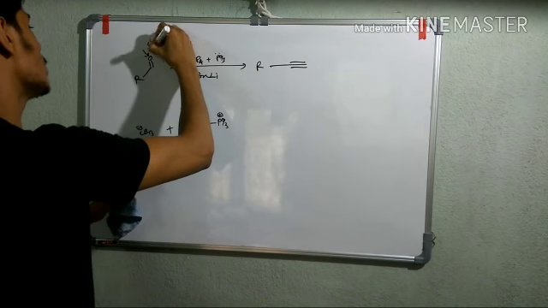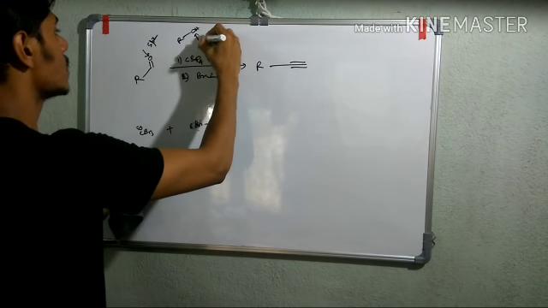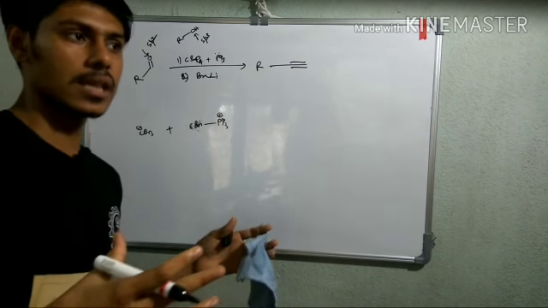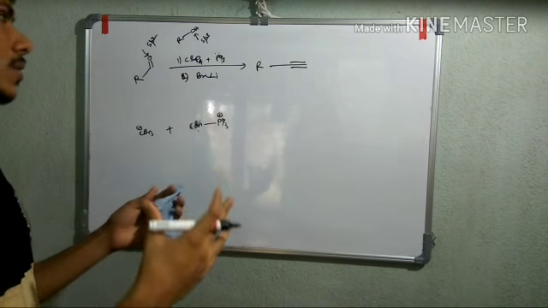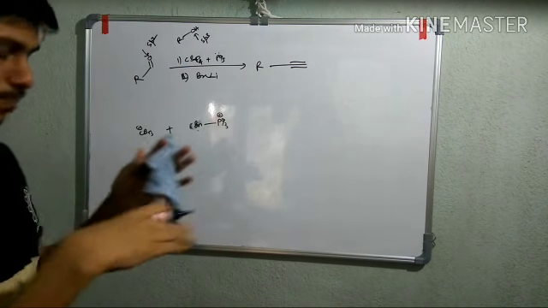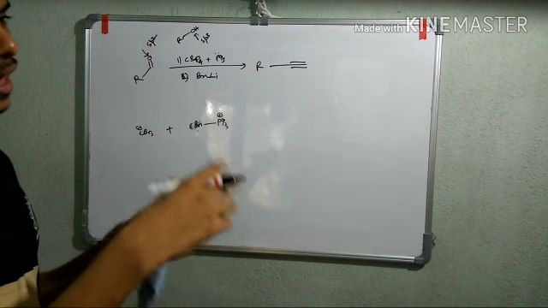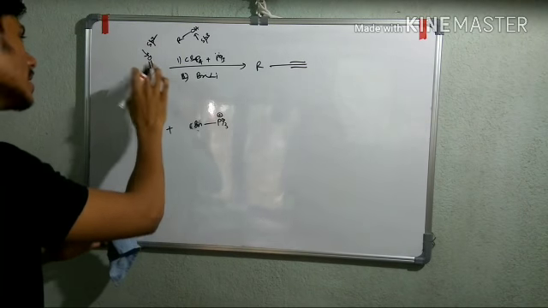This is sp2 hybridized, and in your alcohol the oxygen is sp3 hybridized, and you know if the s character increases, the electronegativity will increase, and because of this increase in electronegativity, the ease of donation of electron density, or the tendency to attack an electrophilic center, will decrease.